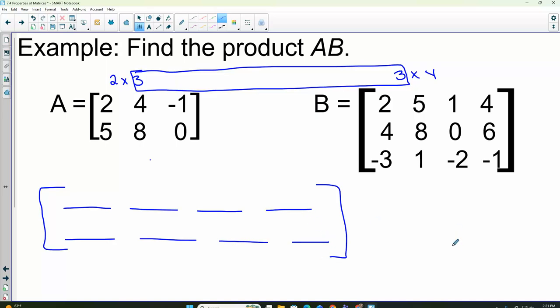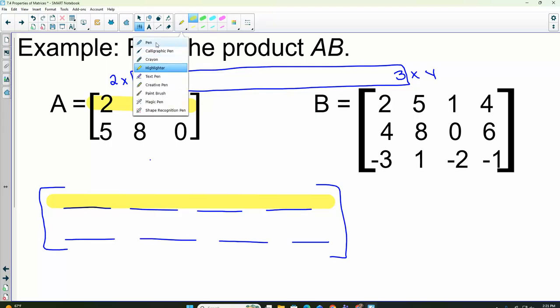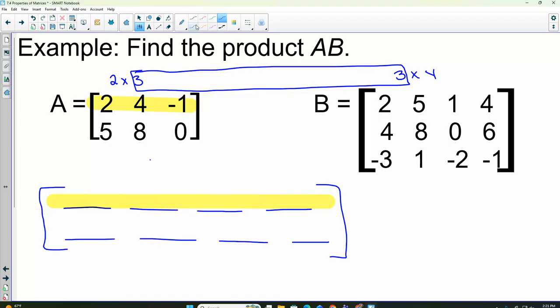All right. To get that, we are going to use this first row to get the first row of my matrix. And we are going to take the first row times the first column, because you always multiply a row times a column.